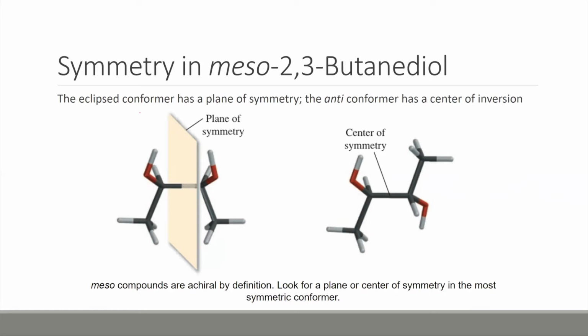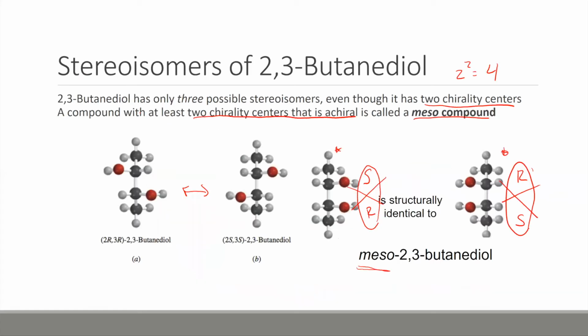So generally, again, you want to look for a plane of symmetry to decide if it is meso. You can always draw out the different isomers as I did here. If any of the isomers, if they're in enantiomeric form, end up being superimposable, it is, in fact, not chiral, right? Chiral means it has to be a mirror image that is non-superimposable, and thus it must be achiral and a meso compound.